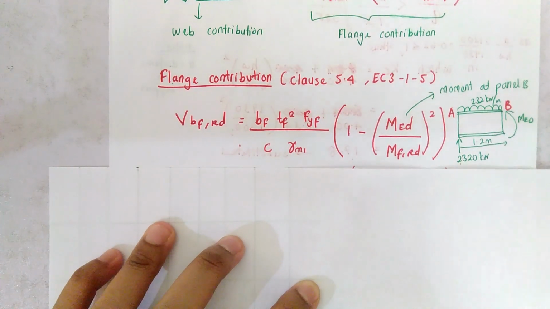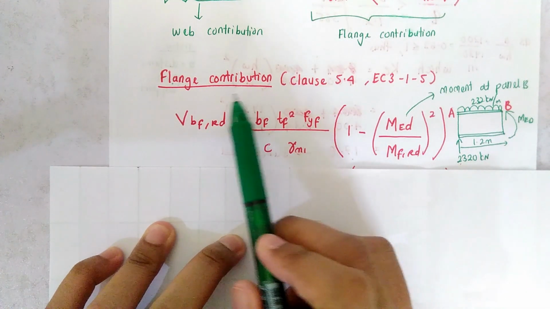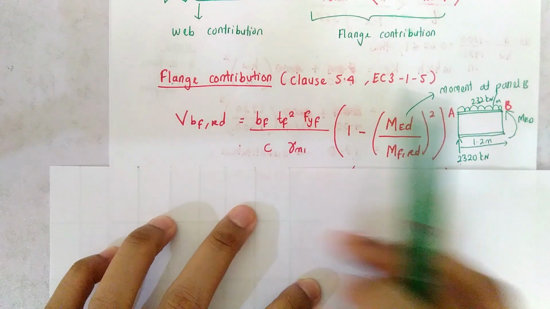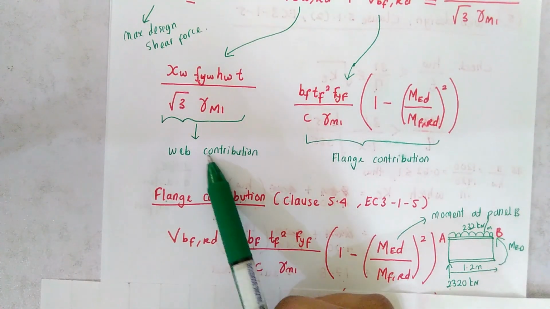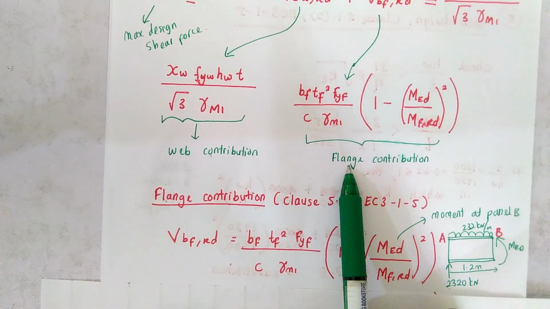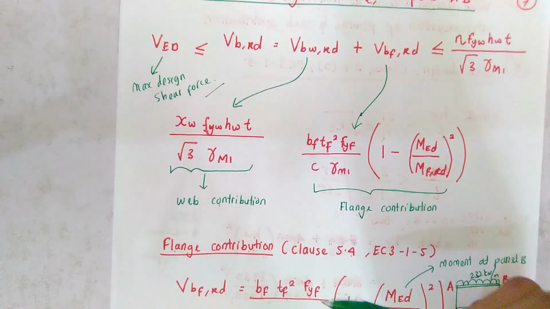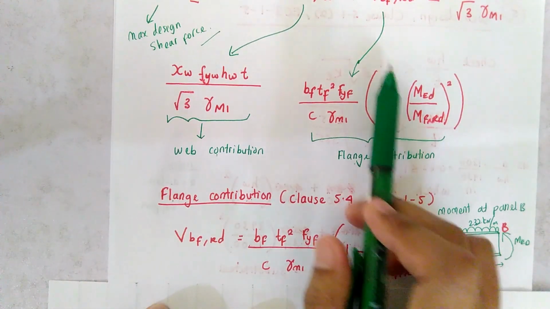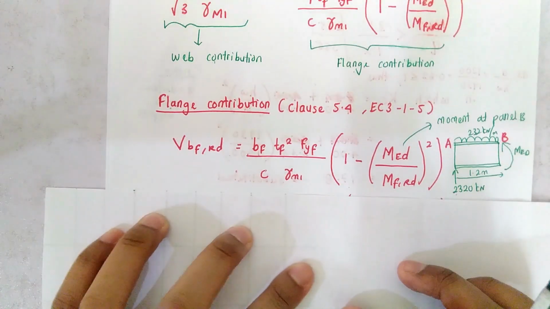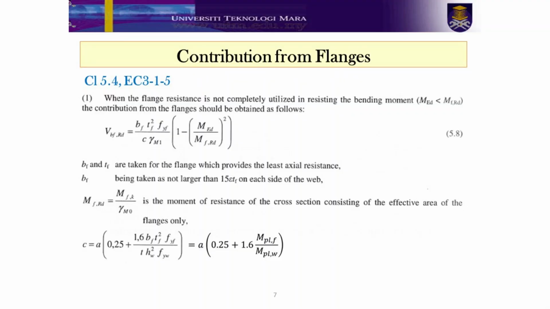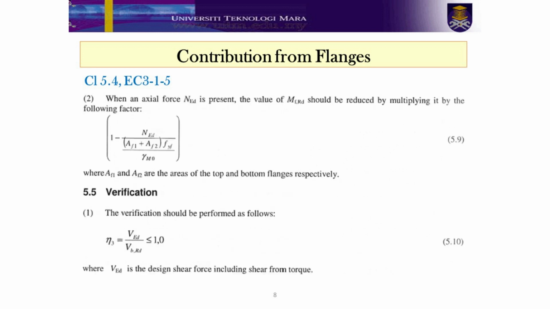Now let's look at the first part, which is the flange contribution. As we can see, we have the web contribution and the flange contribution. For the shear force, we already found it, so let's settle the flange contribution. For the flange contribution, you can get it from clause 5.4 of EC3 Part 1.5.